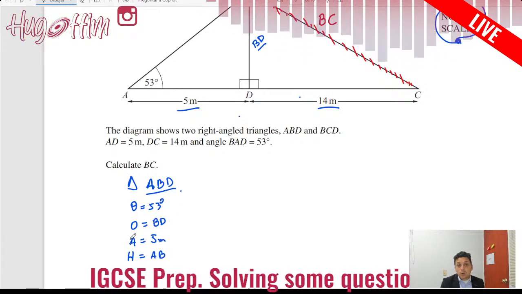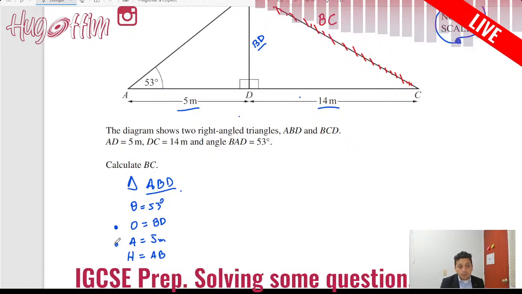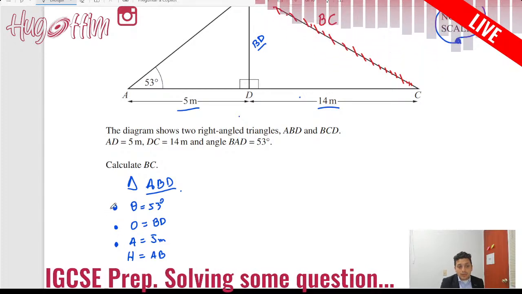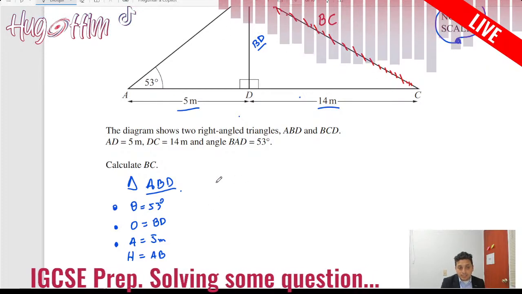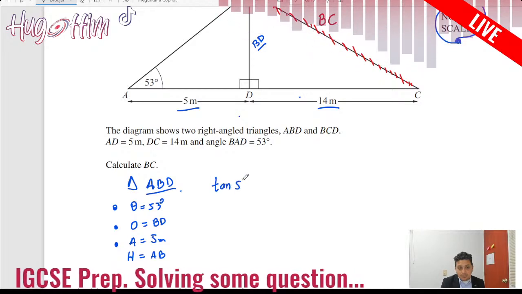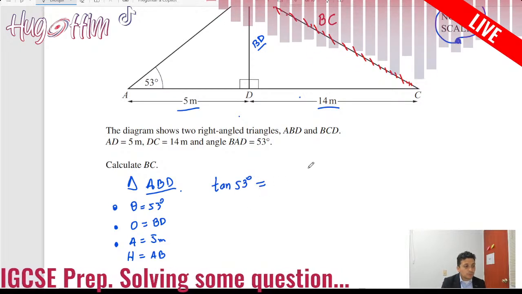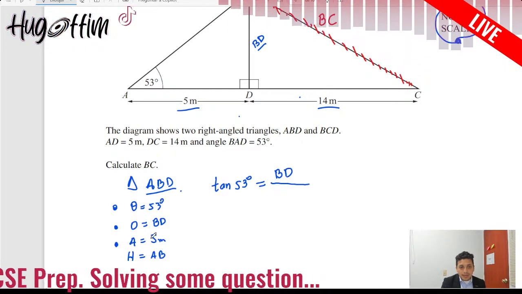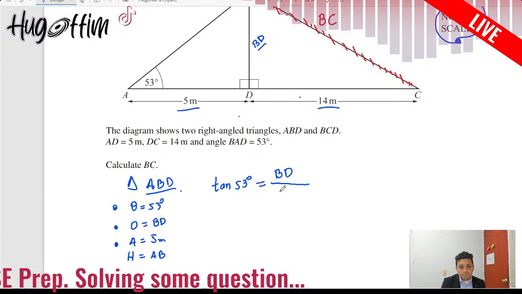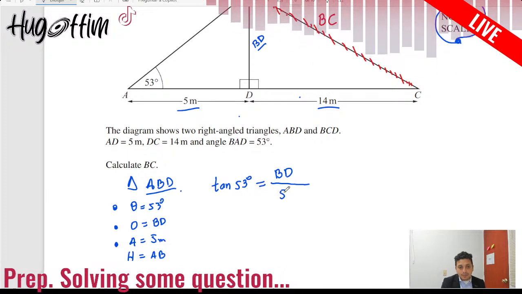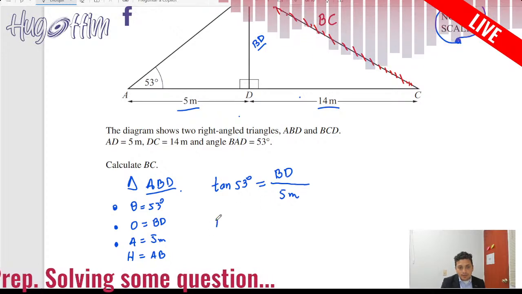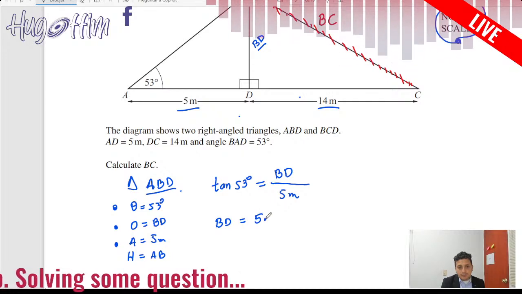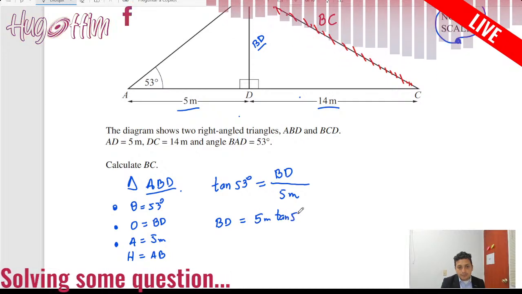Okay, so if I use SOHCAHTOA, I know that I have the opposite, I have the adjacent and the angle, and I don't have the hypotenuse, so I can use tangent. So tangent of 53 degrees is equal to the opposite, that is BD, over the adjacent, that is 5 meters. If I solve, BD is just 5 meters times tangent of 53 degrees.